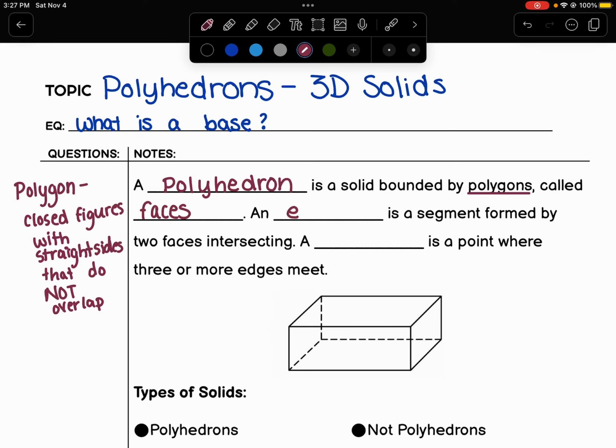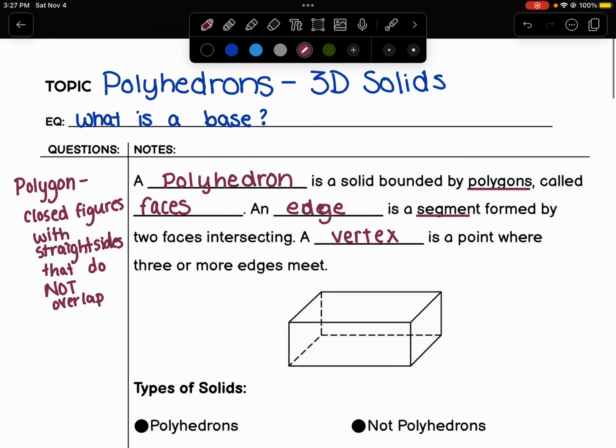An edge is a segment formed by two faces intersecting. So where two polygons touch, they're going to touch at an edge. And a vertex on a polyhedron is a point where three or more edges meet.